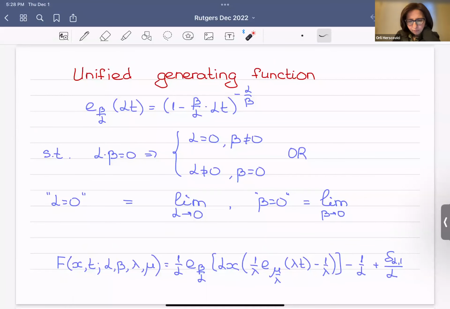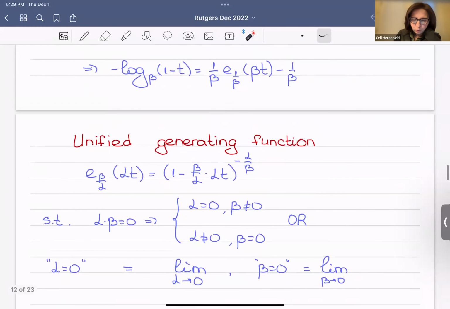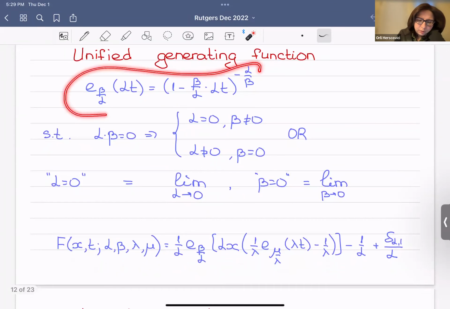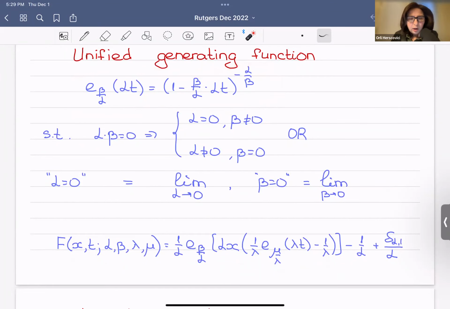So this is our function, just following the definition of the negative logarithm relevant for us. We consider function e. Now the parameter will be a ratio of 2 parameters, beta and alpha, and the variable alpha t. So this is our function. And we will demand that our parameters alpha, beta for such a function will not be equal to 0 simultaneously.